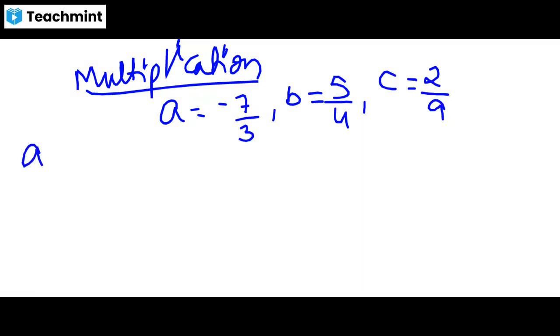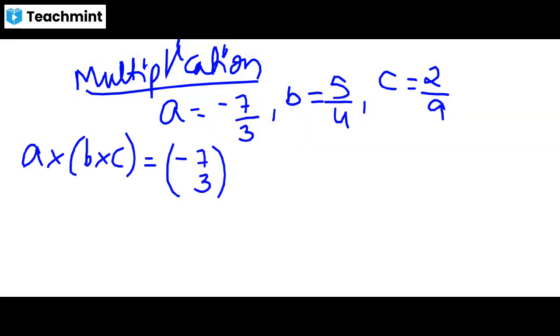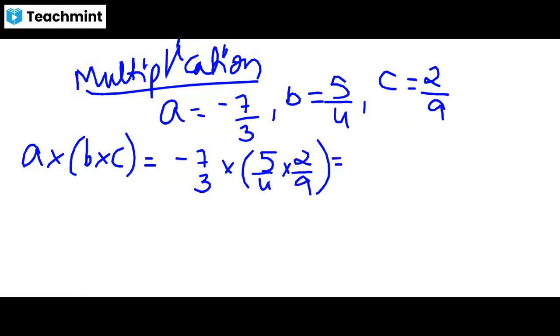Check what you get for A into B into C. -7/3 into 5/4 into 2/9.